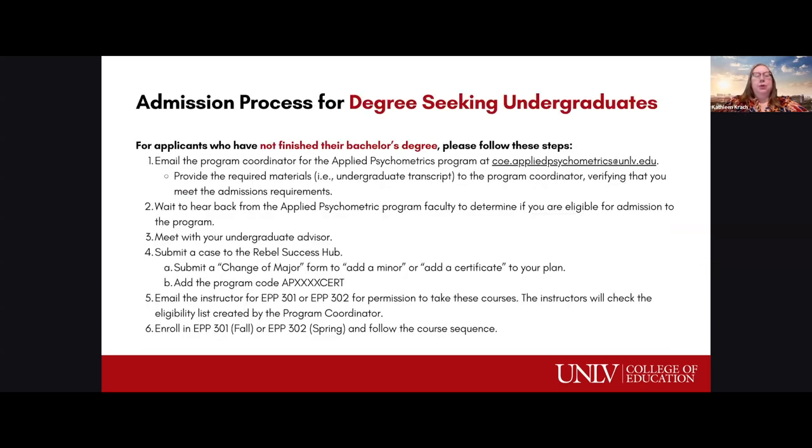All right, so how does one apply? Well, basically, you email the program coordinator. And so that's me. I'm Dr. Kathleen Kroc. And that is the email address you can email me to. You would need to provide undergraduate transcripts, if you've gotten a degree or are working towards an undergraduate degree.